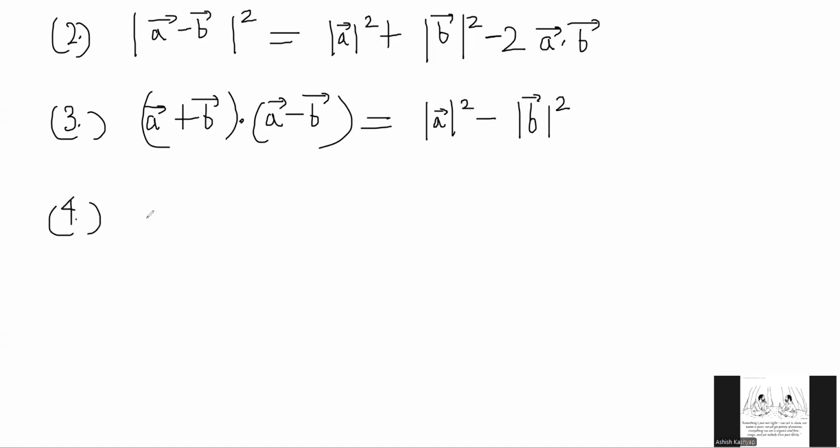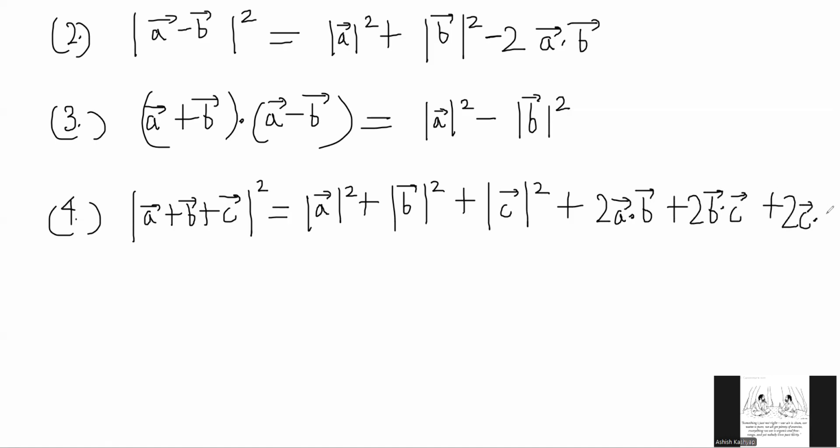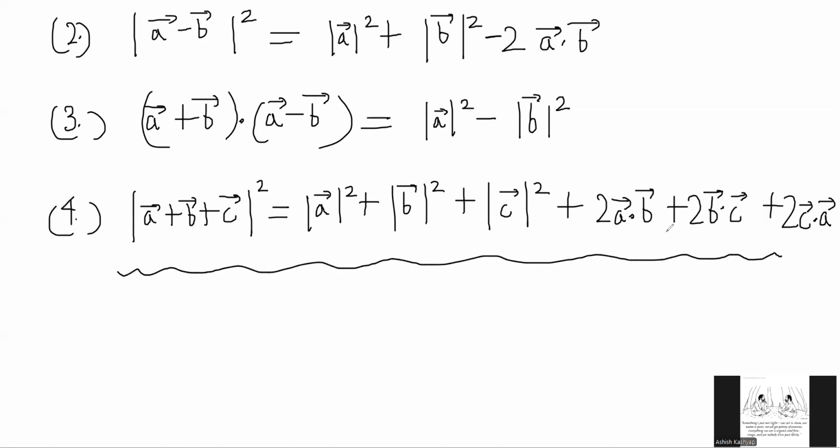Similarly, we can find out what is mod of A plus B plus C whole square. That will come by doing dot product of A plus B plus C with itself, and you will end up with mod of A square plus mod of B square plus mod of C square, and the three dot product terms, which will be 2 times A dot B plus 2 times B dot C plus 2 times C dot A. So that will come as the answer for this case, right?